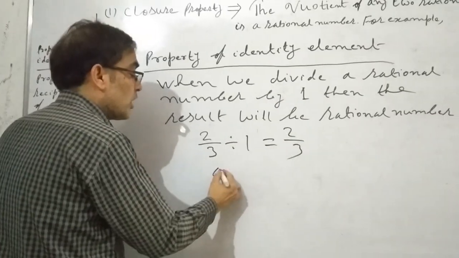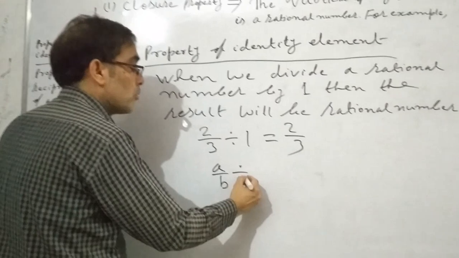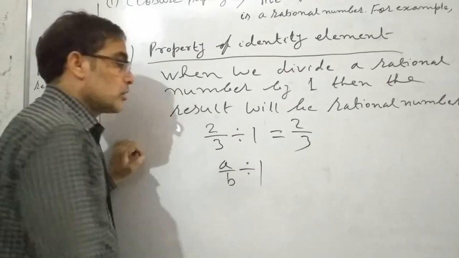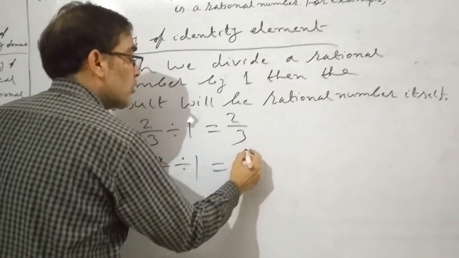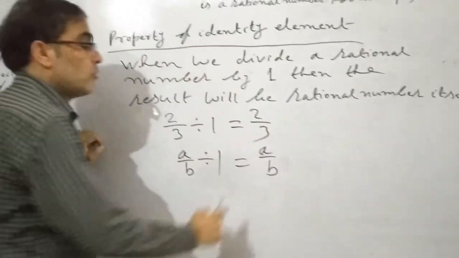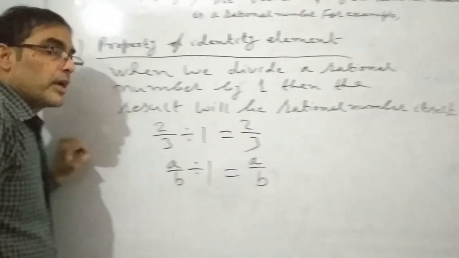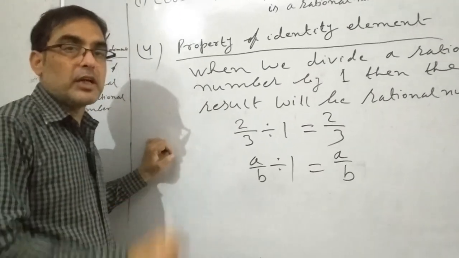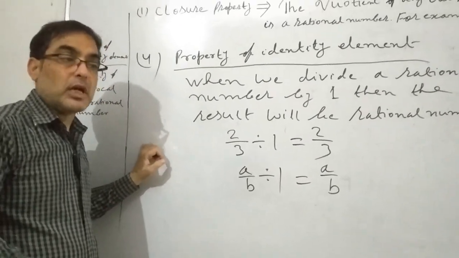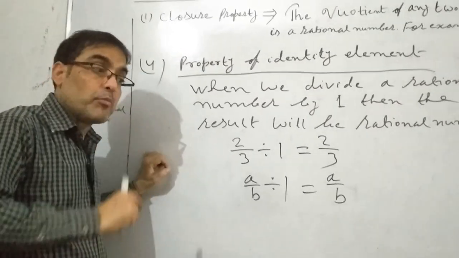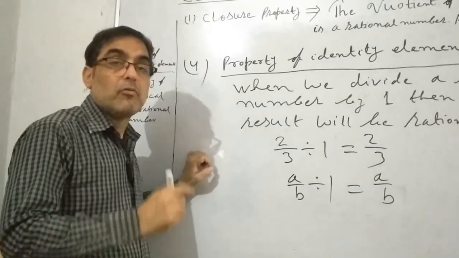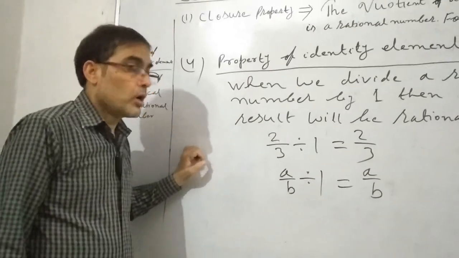When we divide A by B by 1, then the result will be A by B. Here you are seeing that when we divide any rational number by 1, then in the quotient the same rational number will be there.